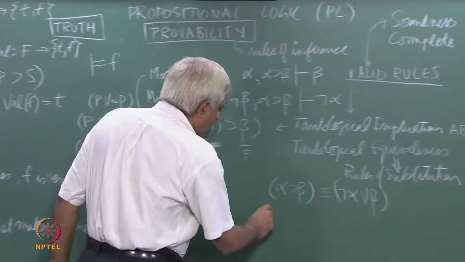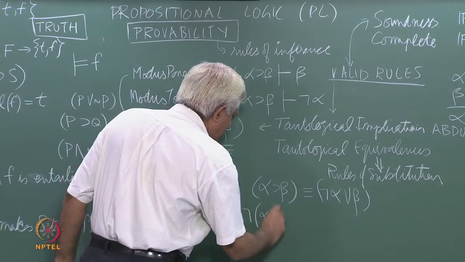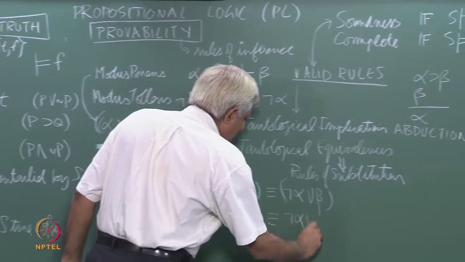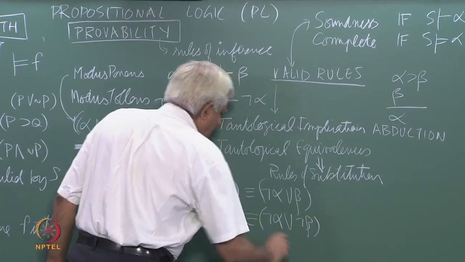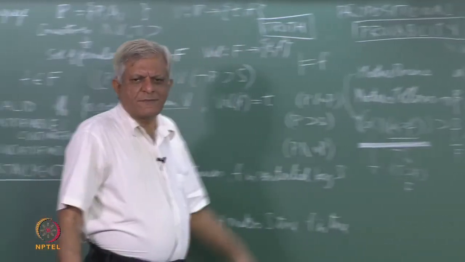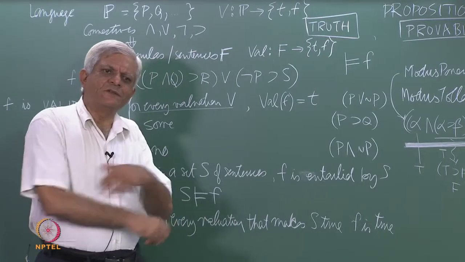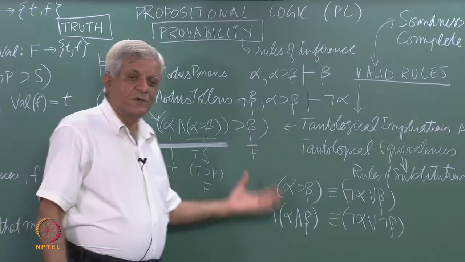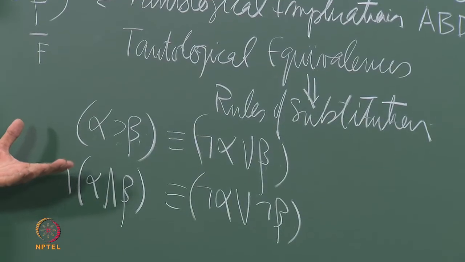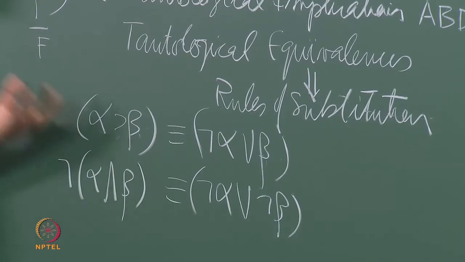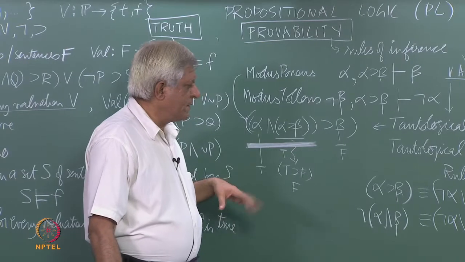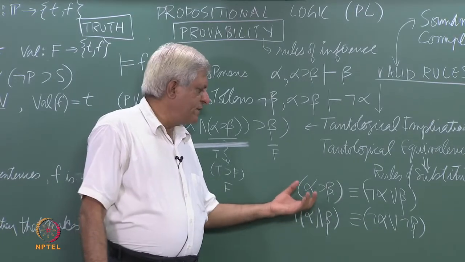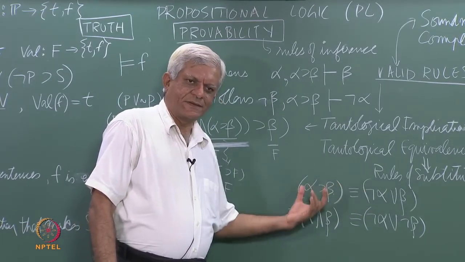So, De Morgan's laws, for example, you must have studied this. There are many tautological equivalences, and you can convert each of them into a rule of substitution. You can also see a rule of substitution as a bidirectional rule of inference, which says that this implies that and that implies this.